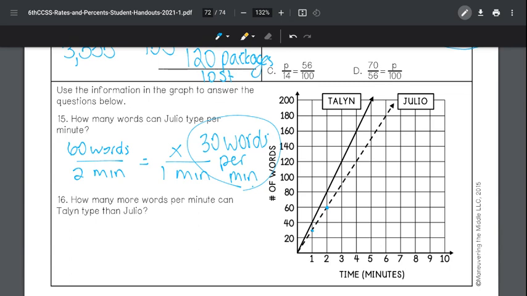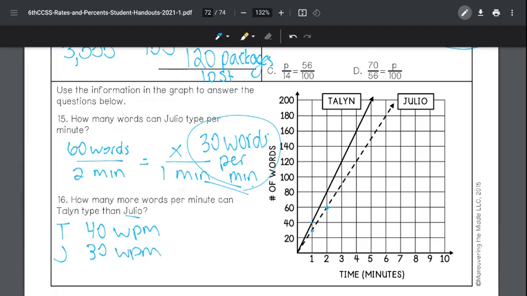Number 16, how many more words per minute can Talon type than Julio? All right, well, we already answered that Julio can type 30 words in a minute. So let's figure out in 1 minute how much can Talon do. His works perfectly. Talon can type 40 words per minute, and Julio can type 30 words per minute.